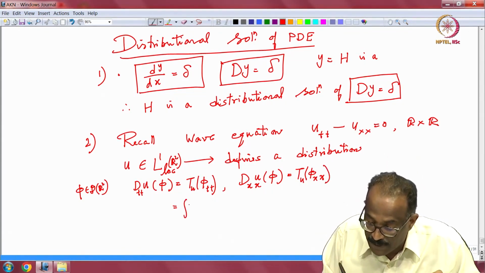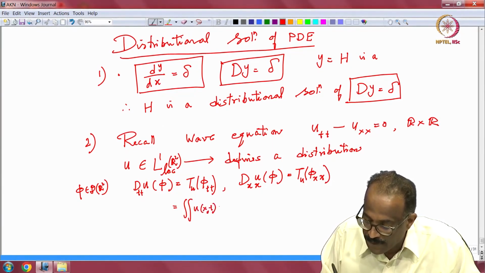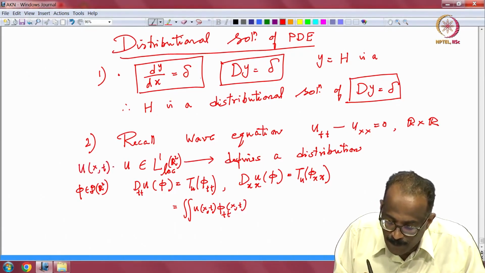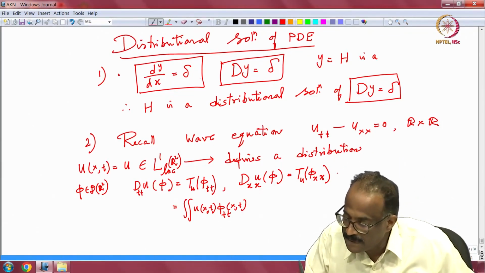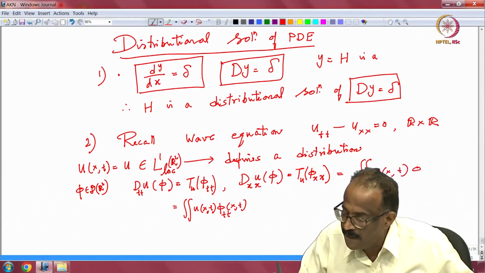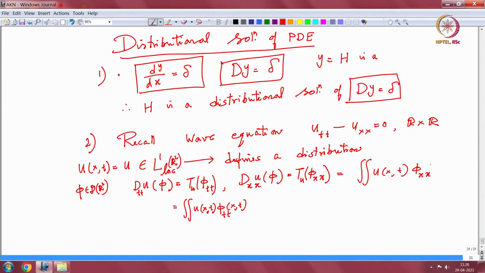So, this is nothing but the double integral u(x,t) phi_tt(x,t) dx dt. Similarly, this is equal to the double integral u(x,t) phi_xx(x,t) dx dt.